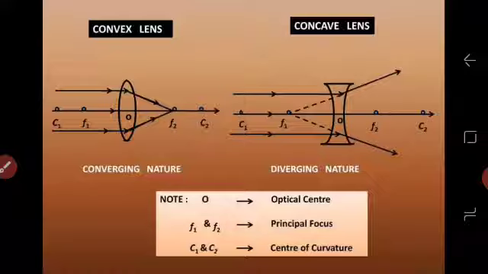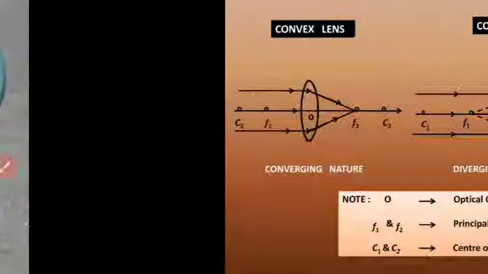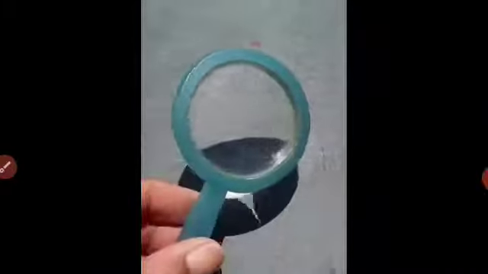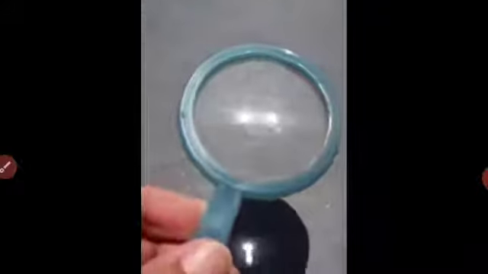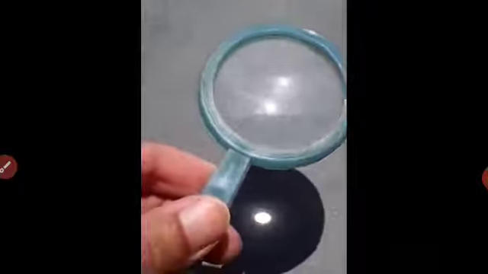Let us now understand what the focal length and the principal focus are in case of a convex lens. For this, let's see a video. Now, I have taken a convex lens and I am trying to focus the image of the sun.